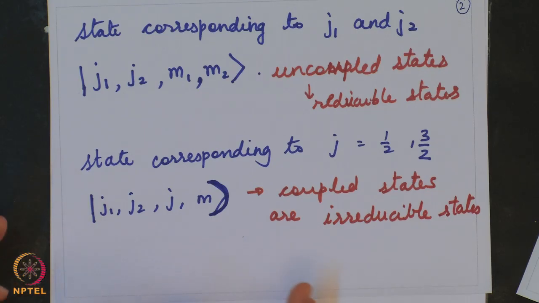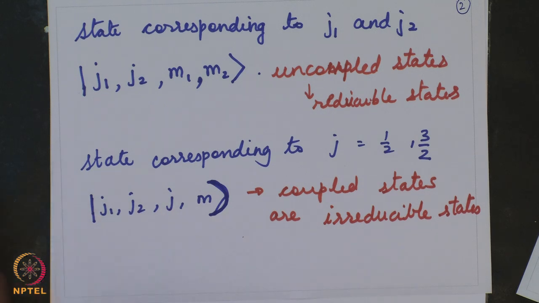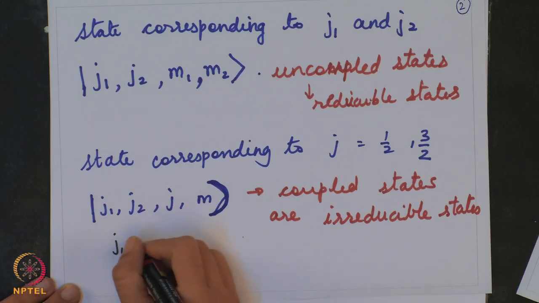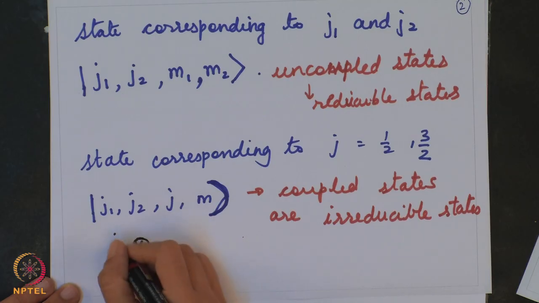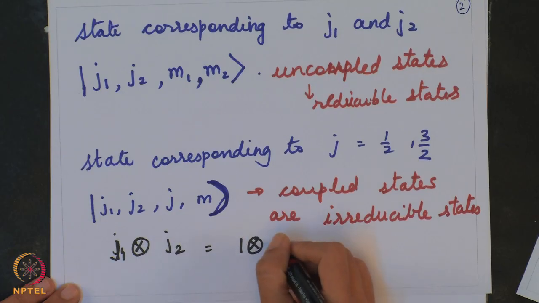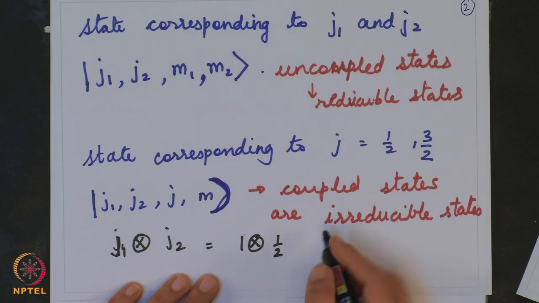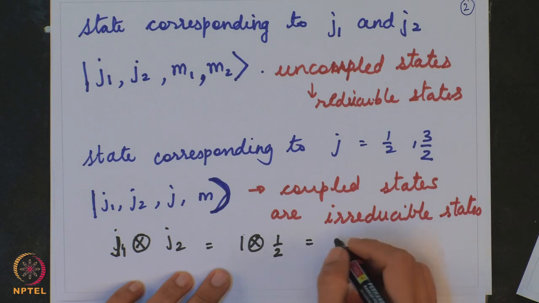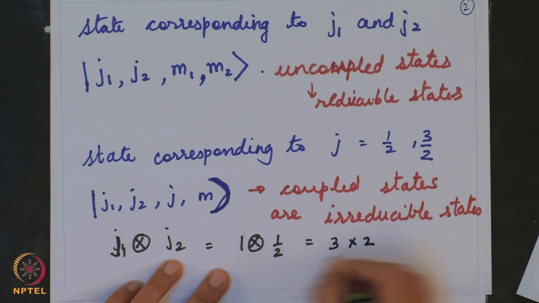Are they dimensionally equal? For J1 cross J2, which is 1 cross 1/2, the dimension for J1 equal to 1 is 3, and for J2 equal to 1/2 the dimension is 2.